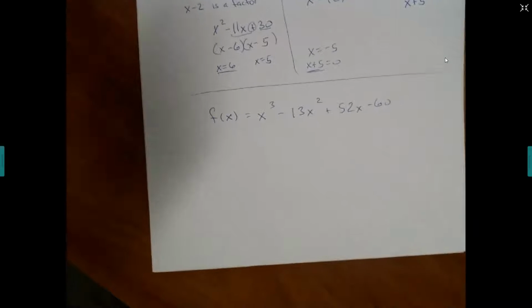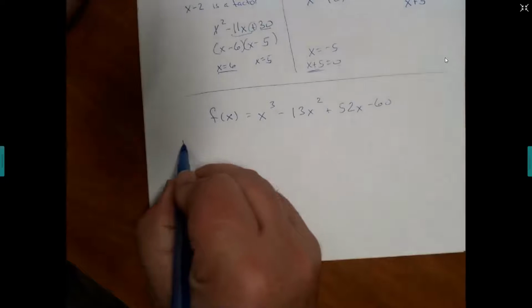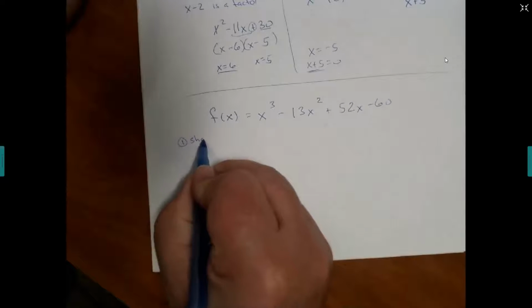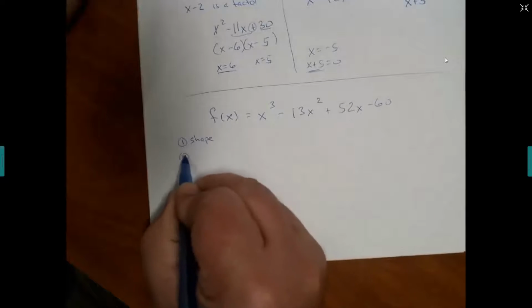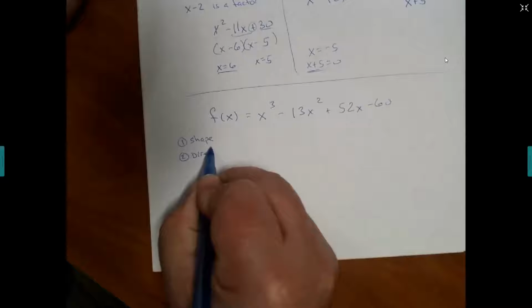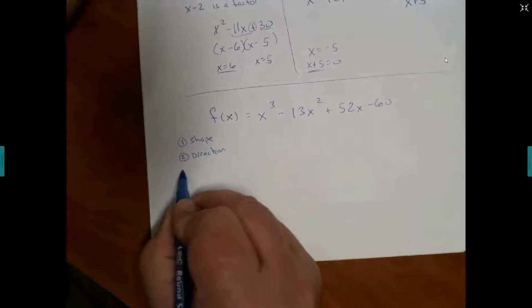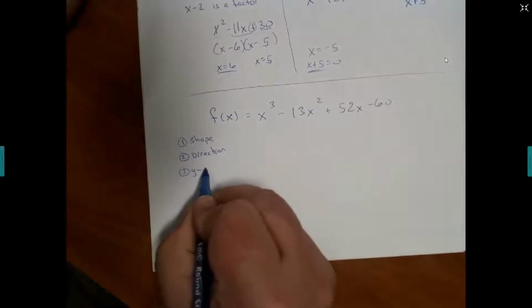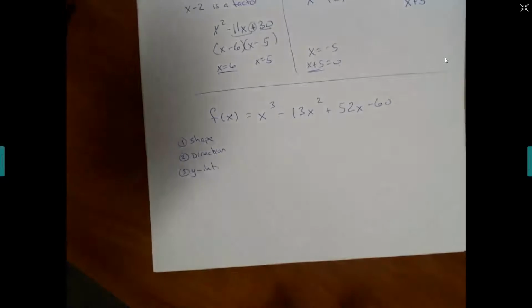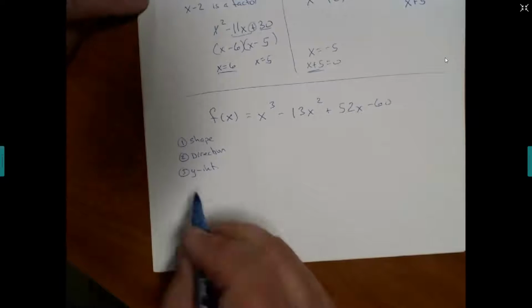What can you tell me automatically just by looking at this? The shape, the direction, the y-intercept. Just by looking at this, you can tell me this much so far.